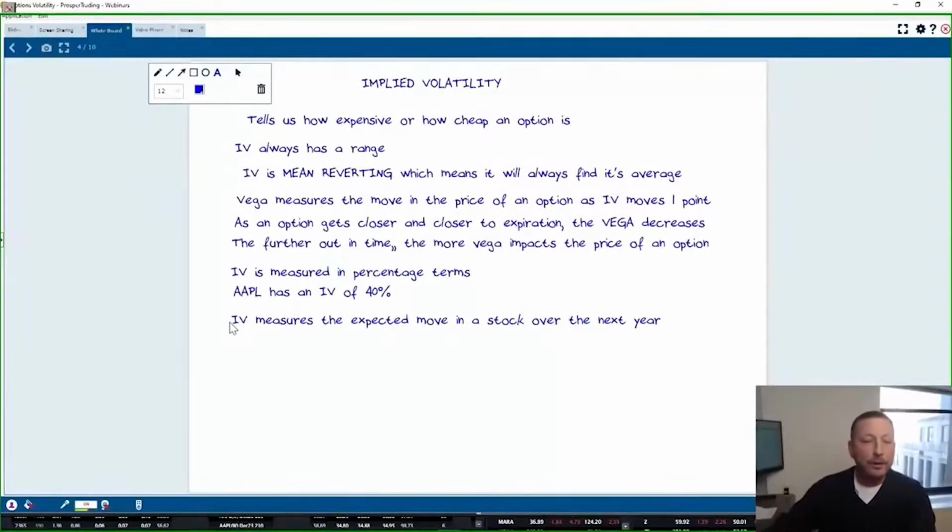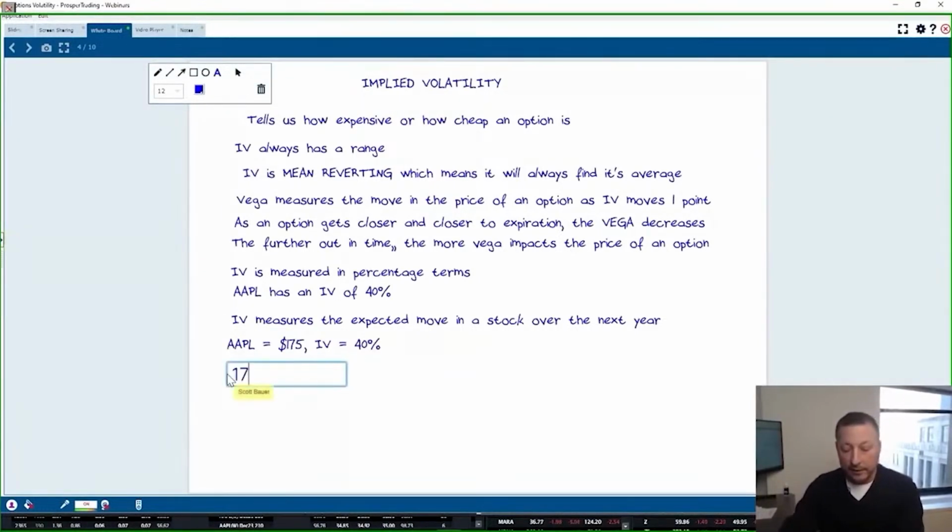So with Apple trading, in this example, at 175, and the IV at 40%, if I do some simple math and take 175 times 40%, I get $70.